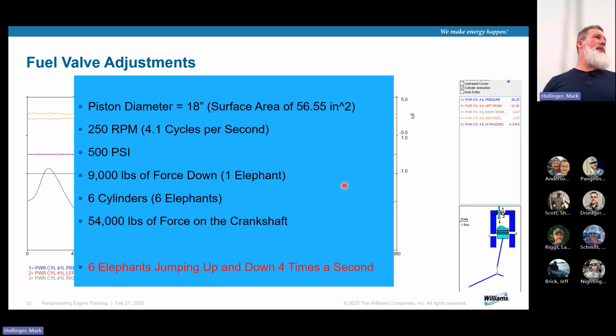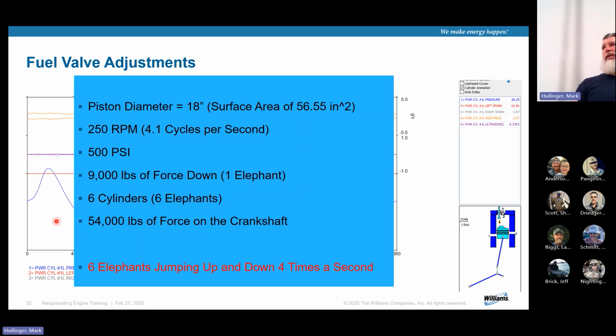So doing a little math, there's no formulas. If this piston diameter is 18 inches, that's a surface area of 56 square inches, 250 RPM. That is 4 cycles per second, to give you an idea how fast that's happening. And if it combusts at 500 PSI, which is around that, that's 900 pounds of force pushing down 4 times a second.